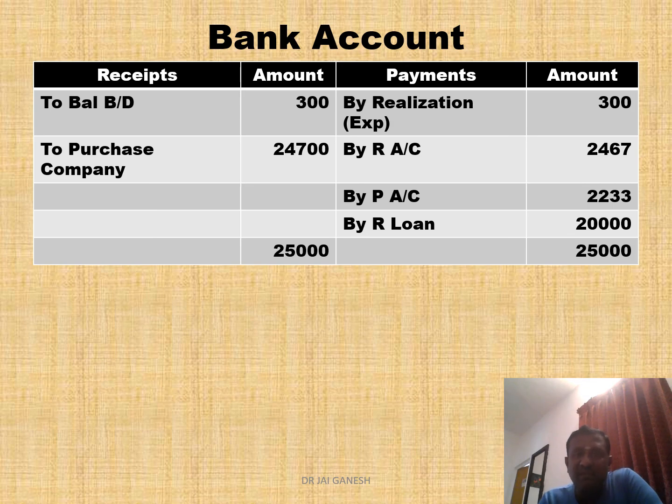Then payments: we have realization expenses payment 300 and final settlement to partners 2,467, 2,233. And then we have to pay partner loan 20,000. So thereby the bank account tallies with 25,000. Thank you.